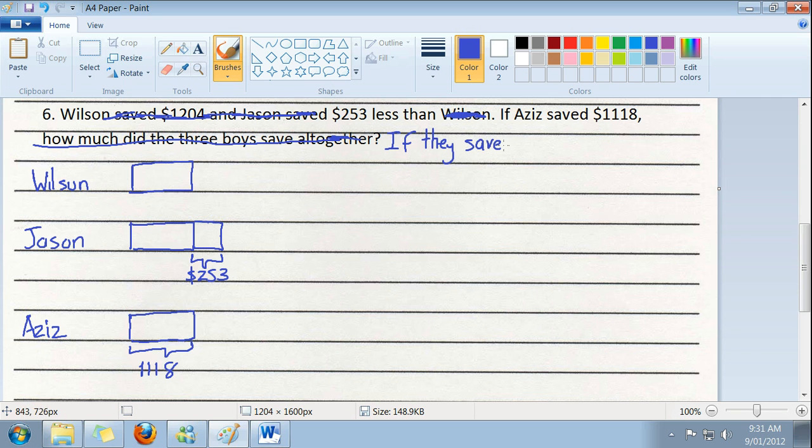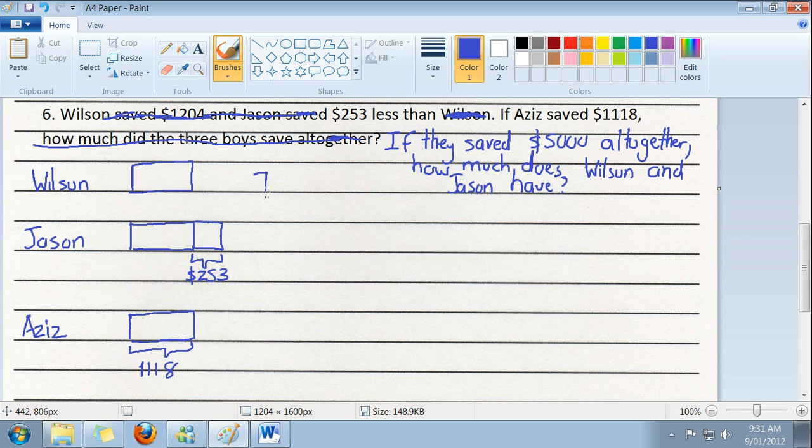If they saved 5,000 altogether, how much does Wilson and Jason have?